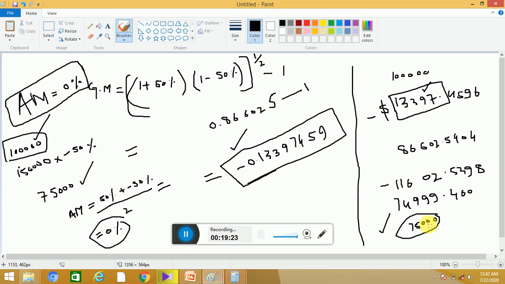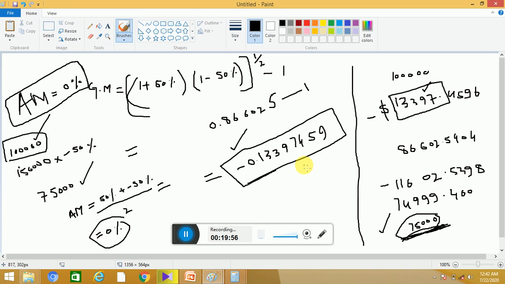So see how much is left: 75,000. Geometric mean gives us exact information that our initial amount, which was 100,000, becomes 75,000 after 2 years, because there is a loss of 0.13397459 in each of these 2 years.